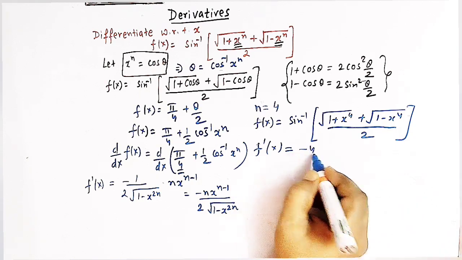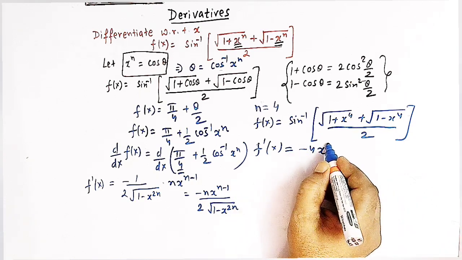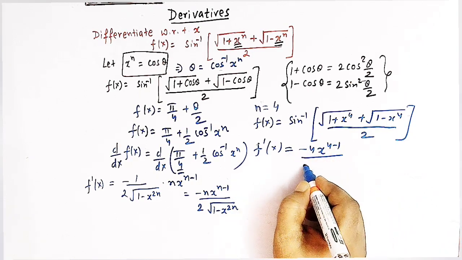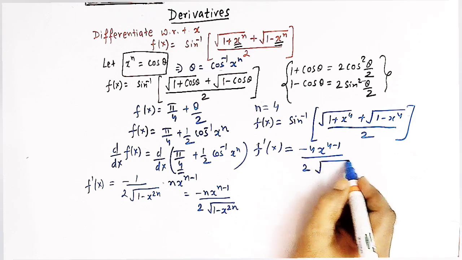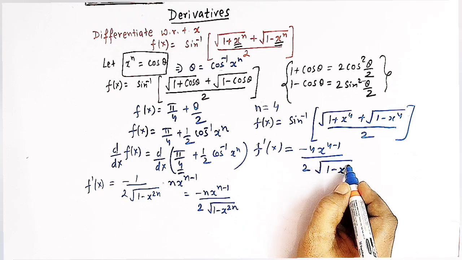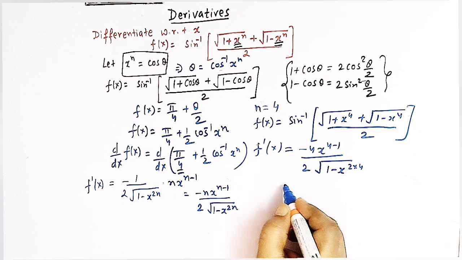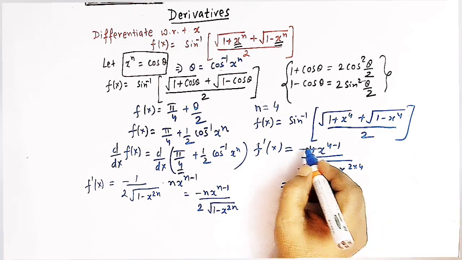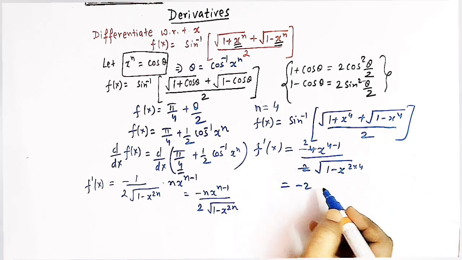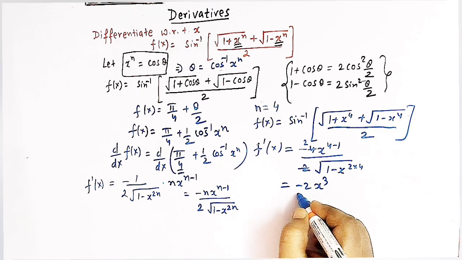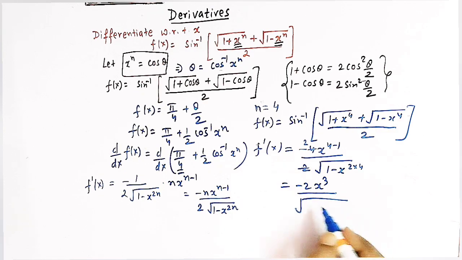So we have minus 4, then x raised to 4 minus 1, then 2 times the square root of 1 minus x raised to 2 times 4. Here 4 divided by 2 times 2 gives 2. So this is minus 2 x raised to 3, and here we have square root of 1 minus x raised to 8, since 2 times 4 is 8.